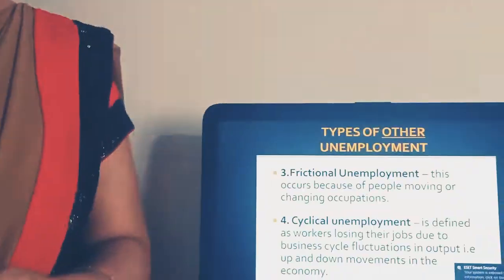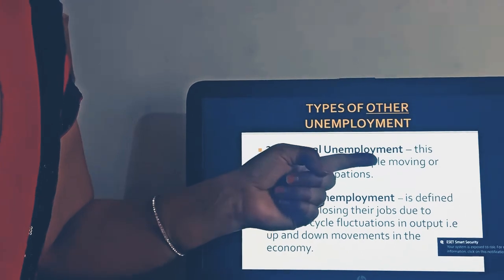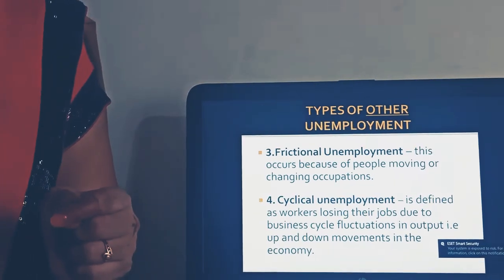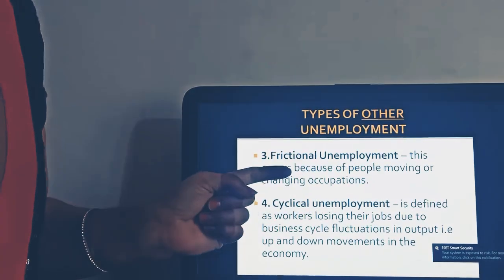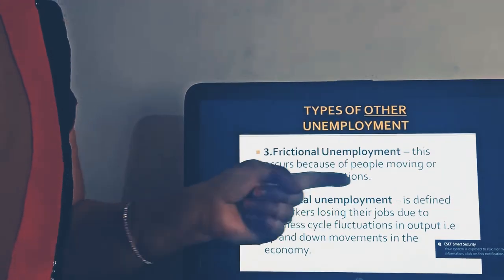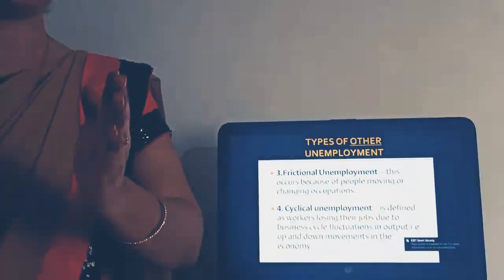Now we'll see the third one among the other types of unemployment, that is frictional unemployment. What does frictional unemployment mean? This occurs because of people moving or changing occupation. For example, a person is working in a company and now starts his own business, that is self-employment.